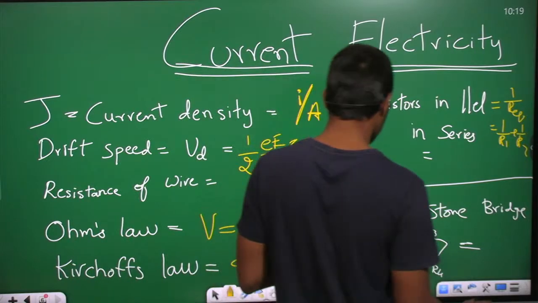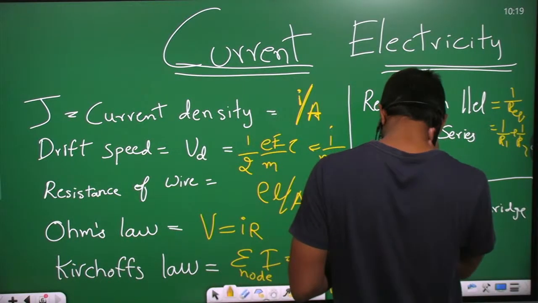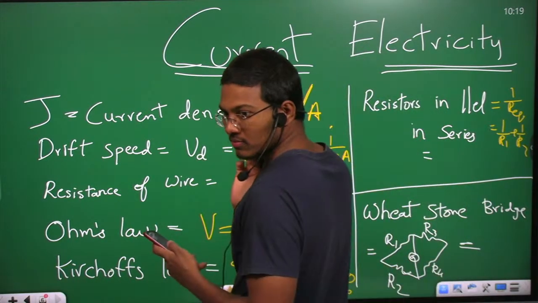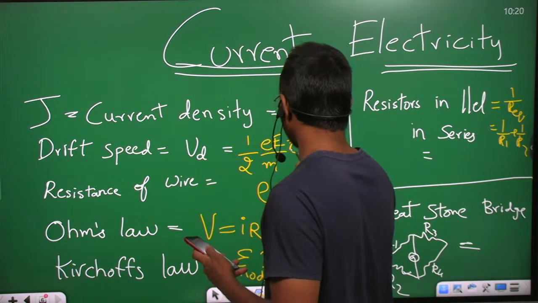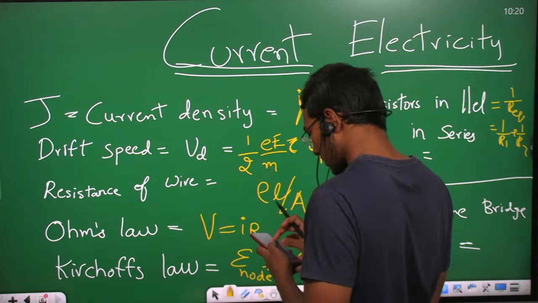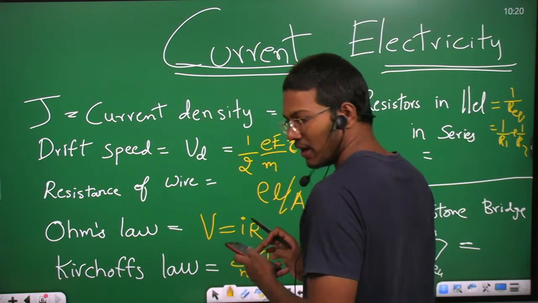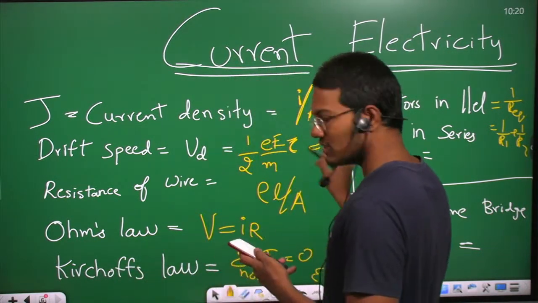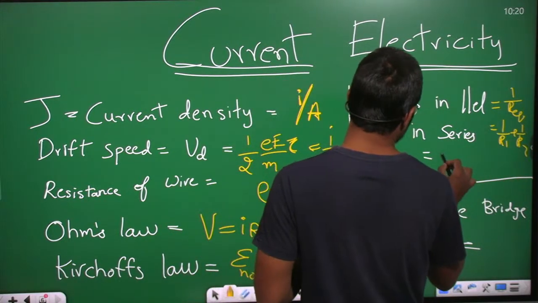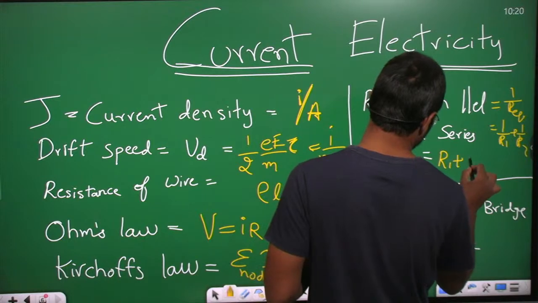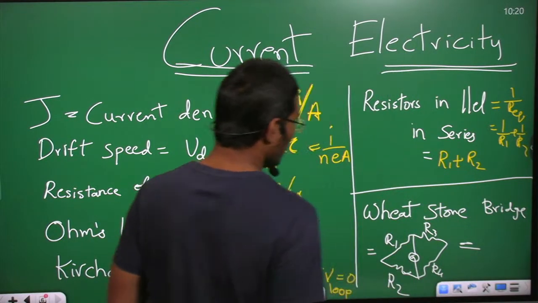So how about in series? Tau, I guess it is some notation here even. So we'll get back to you, okay? You are aware of this, right? Okay, sure. So in series it is the sum of the two resistances. So what is this Wheatstone bridge?